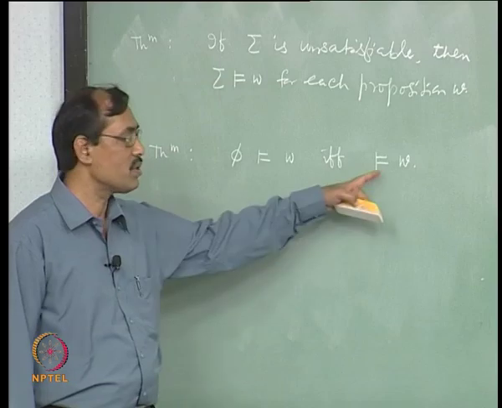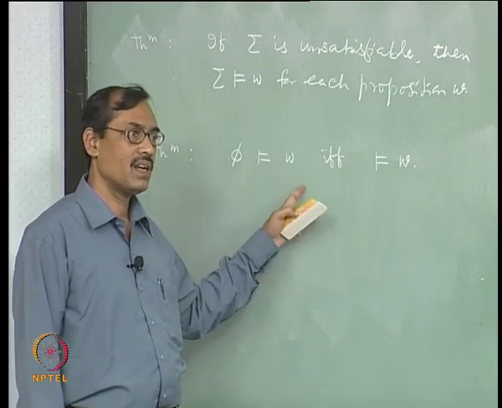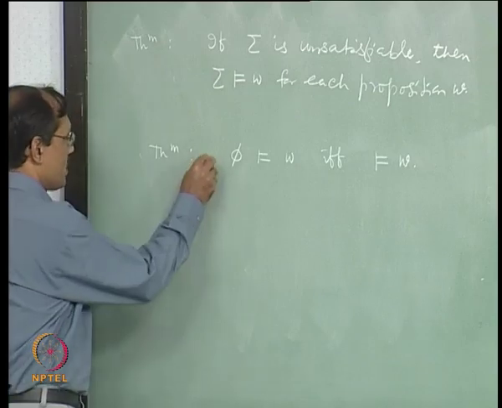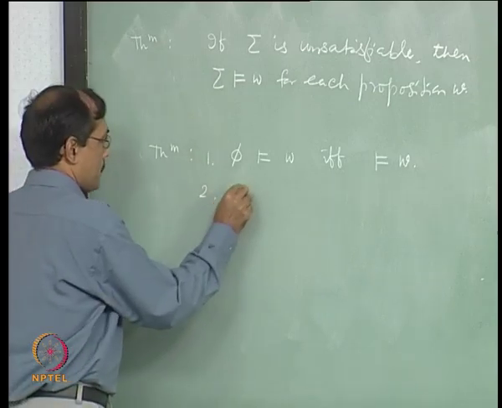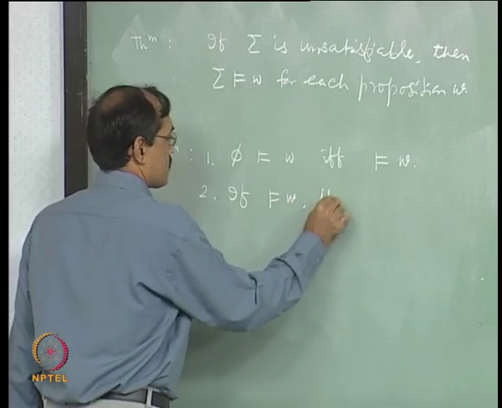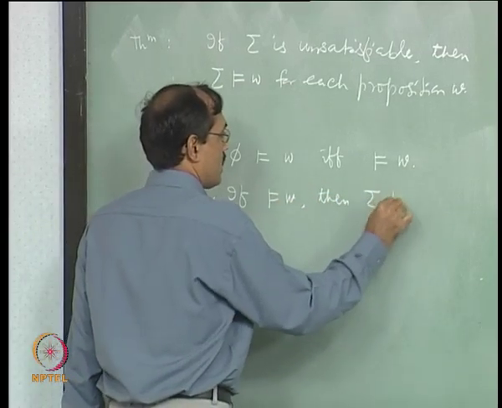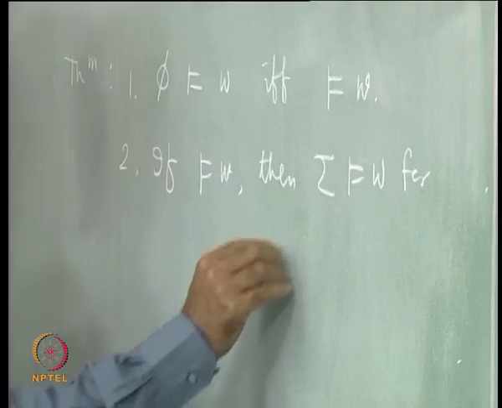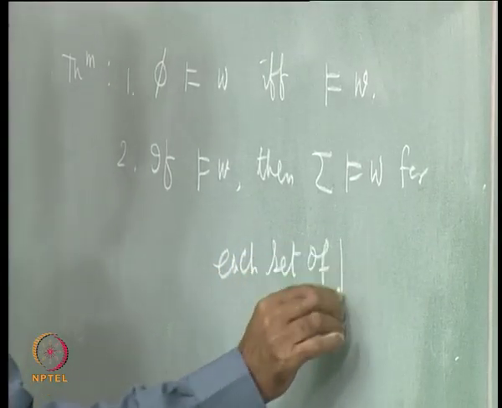In fact, once W is valid, every set will entail W. Is that right? So, you may write this way. If W is valid, then sigma entails W for each set of propositions sigma.